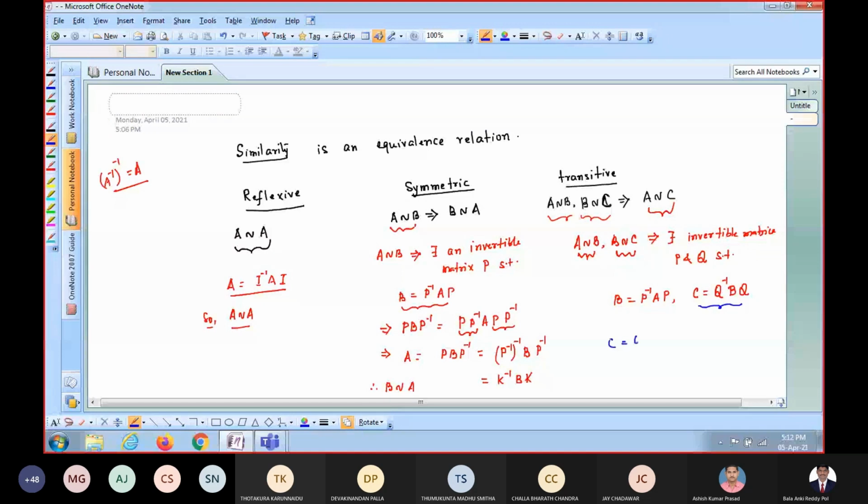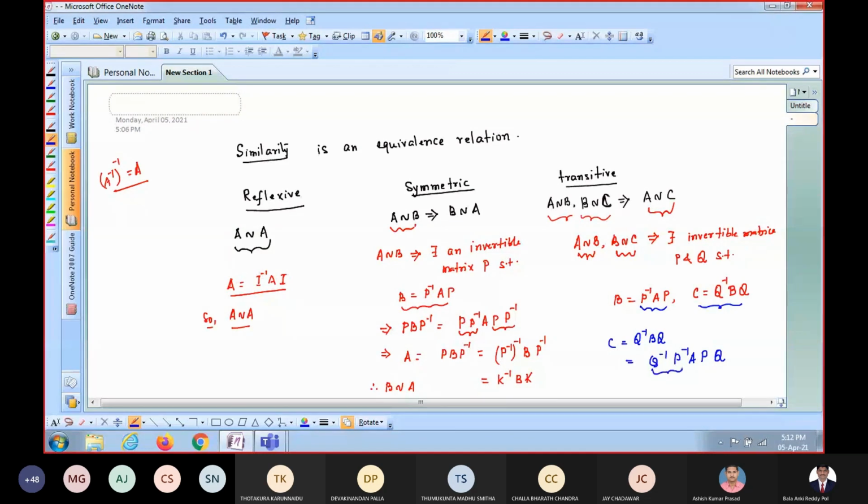C is Q inverse B Q, right? And B is P inverse AP. I write Q inverse P inverse AP Q.